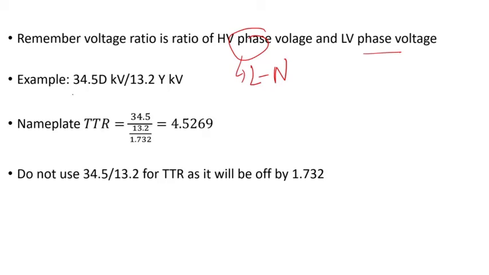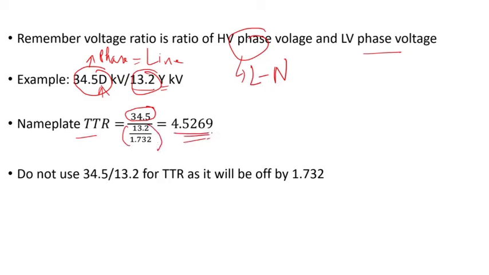Here's an example. If you have 34.5 delta and 13.2 grounded Y, nameplate TTR, because this is delta, we know in a delta the phase voltage is equal to line voltage, or line to line. So that's why you take 34.5 kV divided by, because the low voltage is a Y, then I have to divide by square root 3.